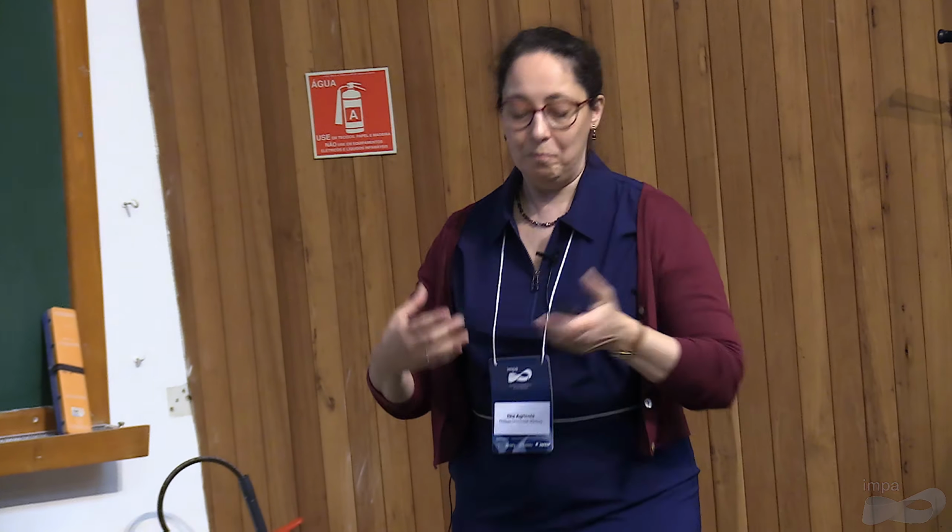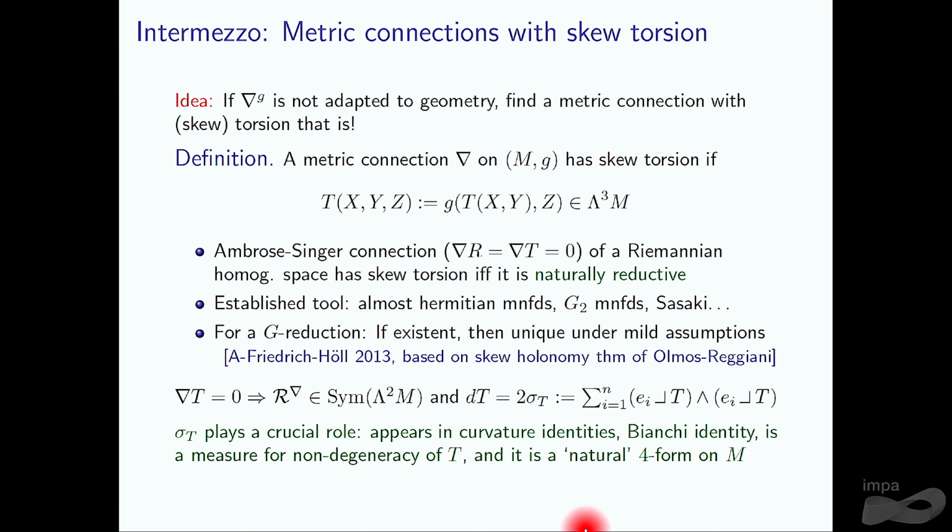Okay? So basically, whenever Riemannian holonomy does not give you enough information, then one way out is to find a metric connection which is adapted to the geometry. In particular, this applies to the whole world of almost contact geometry, because no contact manifolds appear in Berger's list.